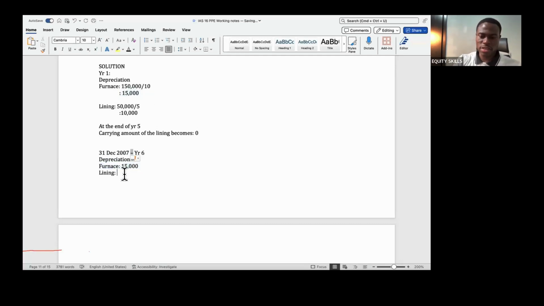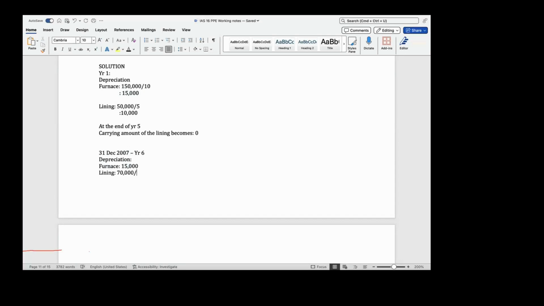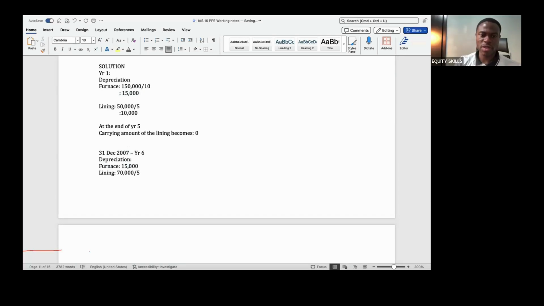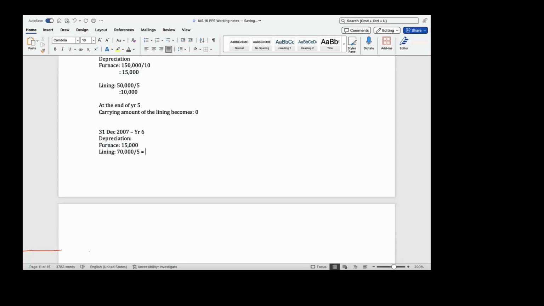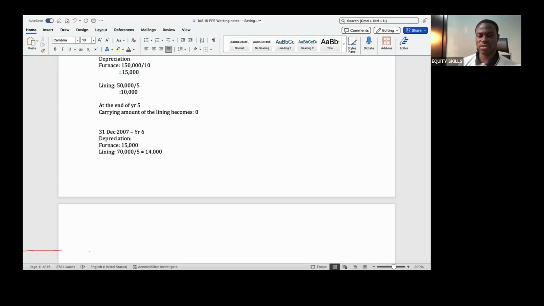The lining is now 70,000 divided by what? Divided by 5. So how much would that give us? 14,000. That's correct. So if I may ask, what will be the depreciation of the lining in year 7?